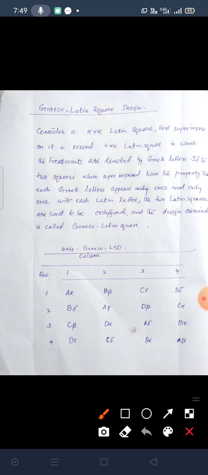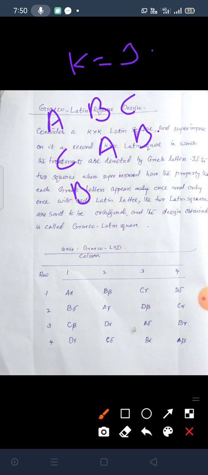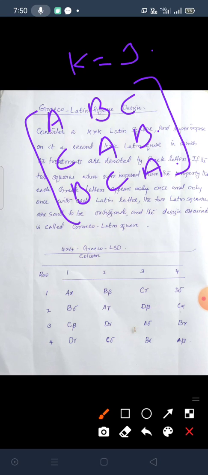So suppose k equal to 3, and we have two Latin square designs. The first one is, suppose, A, B, C. So three treatments A, B, C, and this is C, A, B, and B, C, A. This is a Latin square design of order 3, and A, B, C are the treatments, and the rows represent the levels of one factor, and the columns the other factor.